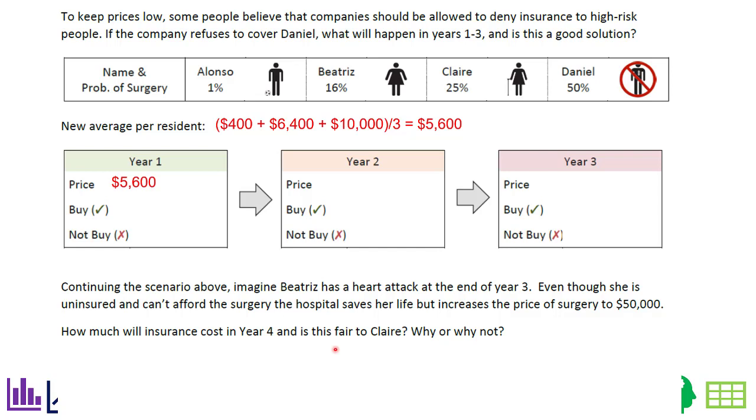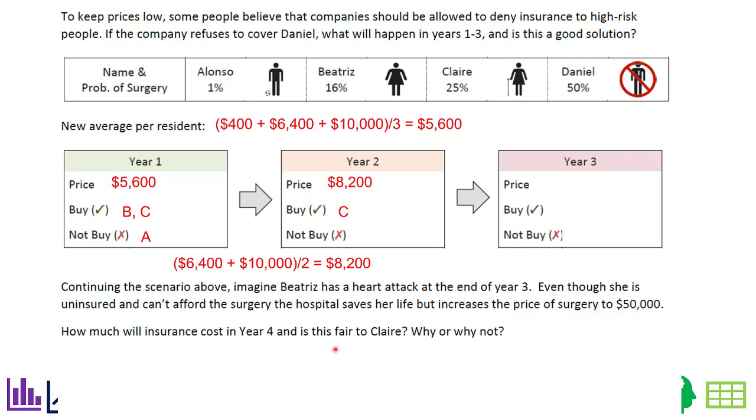So we'll charge $5,600 in insurance, and both Beatriz and Claire will think that's a good buy, but Alonso's like, no way, Jose, and he doesn't buy it.